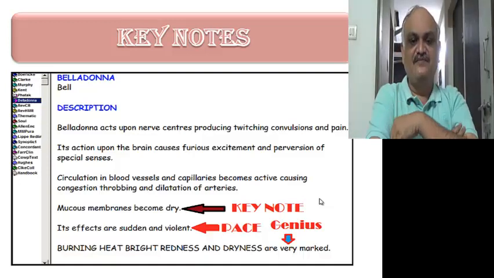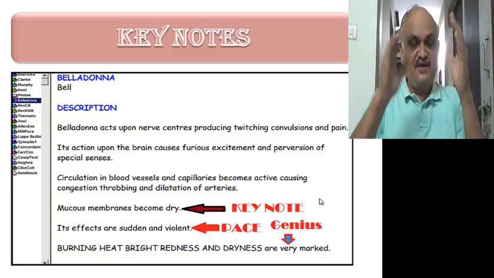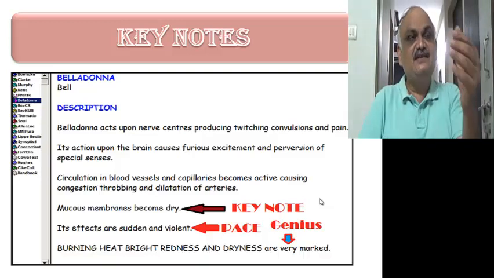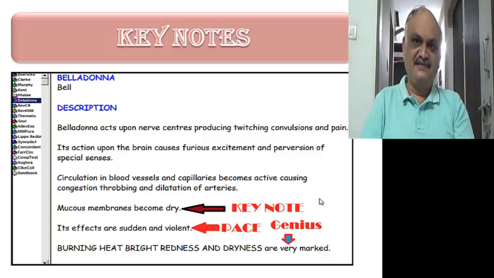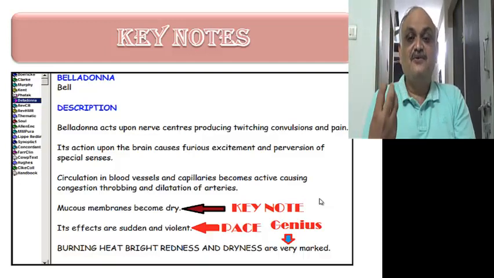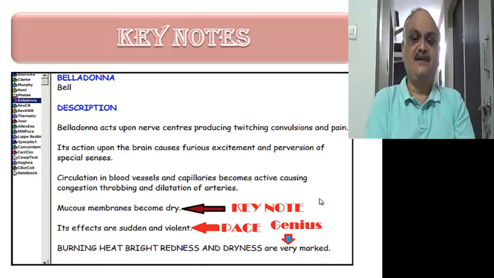This is what we call a keynote. When you select the rubric dryness in general, you have more than 200 remedies, so it's not going to help you. But you know Belladonna or Bryonia has a lot of dryness. When you have a chart with remedies, and you keep this understanding as a background support, then you select Belladonna or Bryonia, because the dryness is so prominent in that case. This is the way you have to take support of that background understanding.